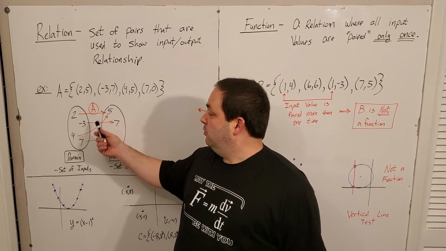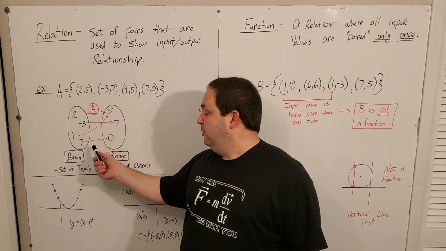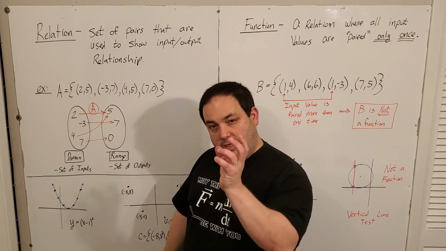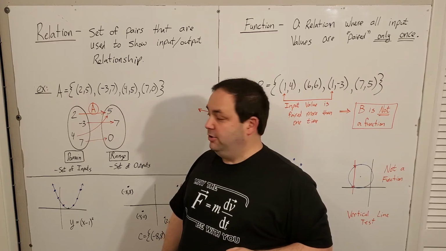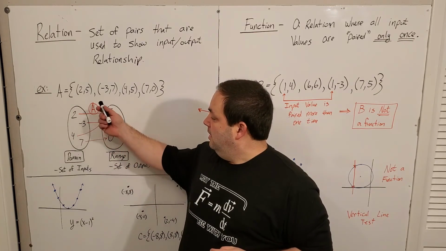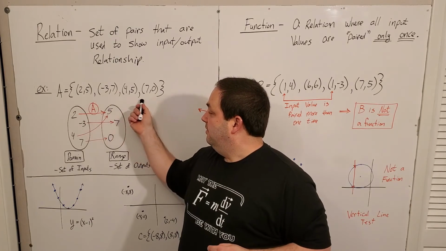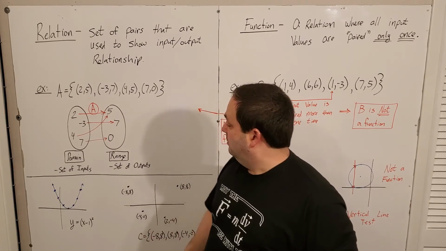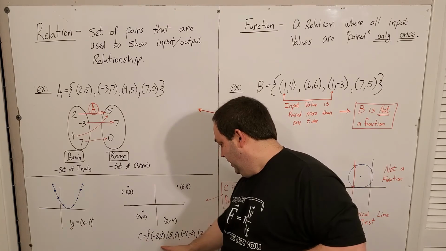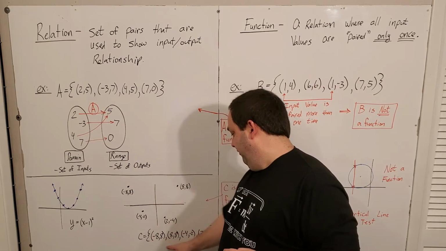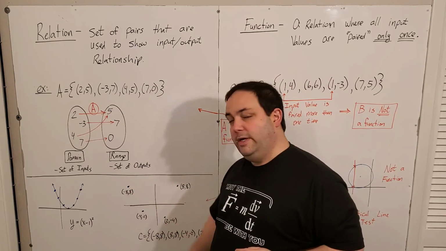So the actual relation, though, you'll notice I have it labeled as the arrows themselves. That's really the relation, the connection between these values, okay? So then you can see relations that are in this kind of format. Sometimes you'll see those same kind of relations in a graphing format where, since I only have 4 ordered pairs, I only have 4 points.